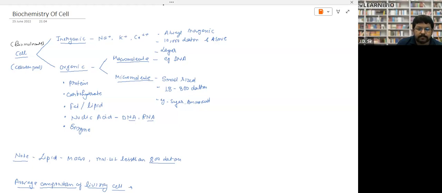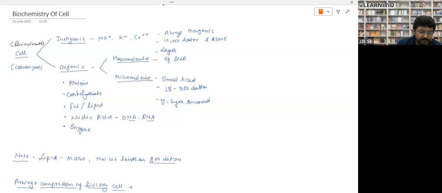Macromolecule, macro, MACRO. Bio macromolecules are large in size with high molecular weight. Full stop.